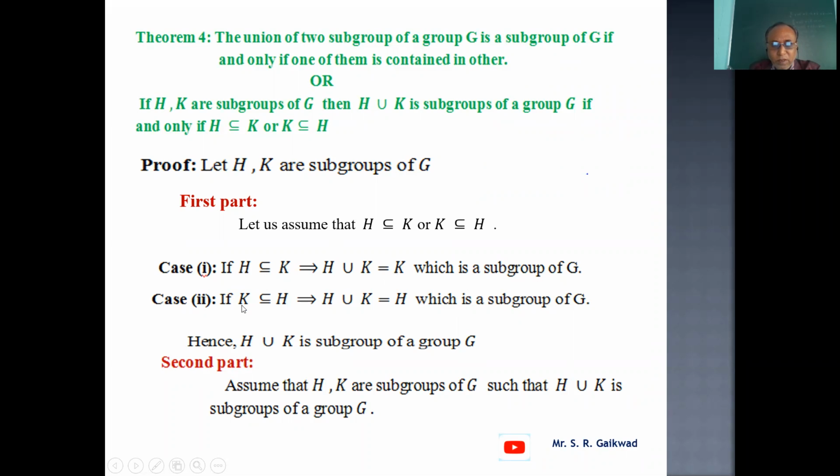Second case, if K is a subset of H, then H union K is the same as H, but H is a subgroup, and therefore H union K is a subgroup. Therefore, in both cases, H union K is a subgroup of G.